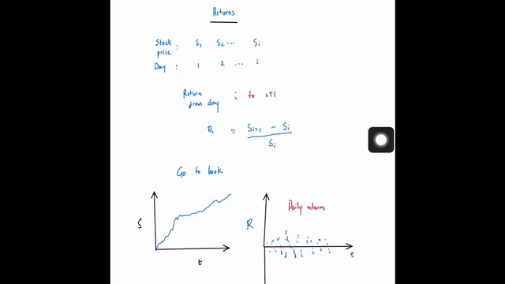Because for a stock valued at 1,000 rupees, a change of 1 rupee is not so much compared to a stock valued at 100 rupees changing by 1 rupee. So always the normalized change with respect to the original stock price is important. That is of more value, because it will tell you how well the stock is doing.